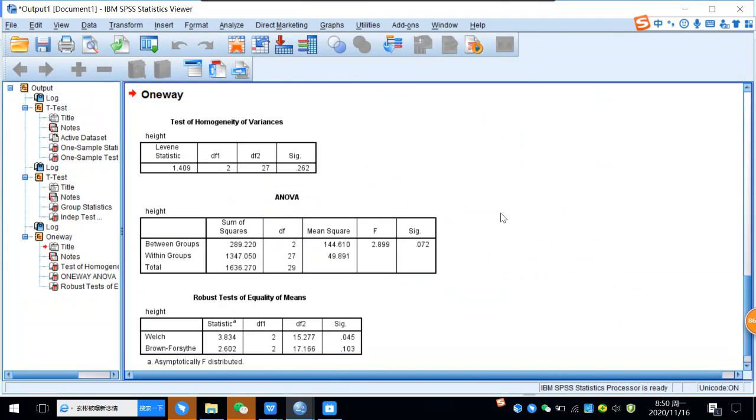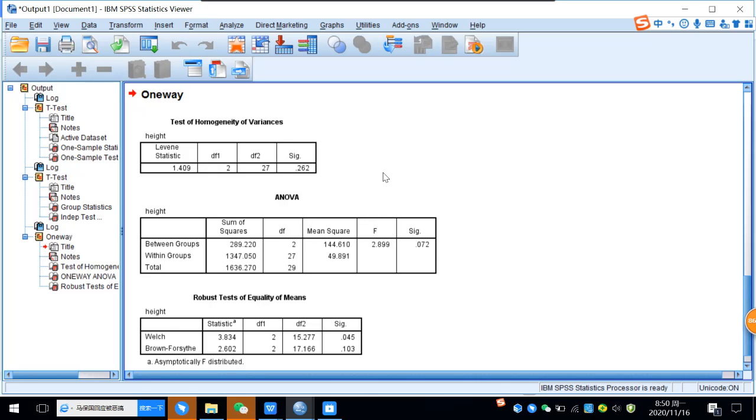Okay. So here, firstly, here shows the test of the homogeneity of variance, right? Okay, so here the Levene statistic is 1.409. The corresponding significance is 0.262, which is more than 0.05.